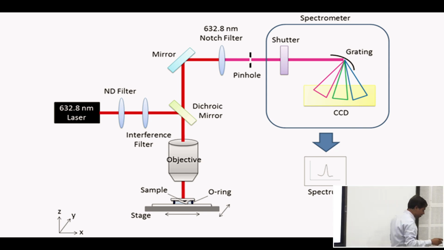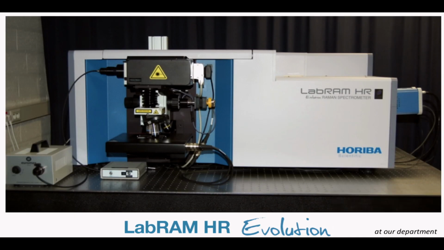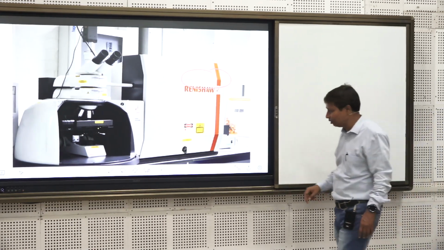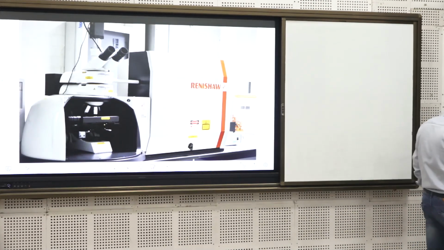This is very complex. A very expensive instrument like the one we have in our department costs almost 1.1 crore. This model is LabRAM HR, high resolution, made by Horiba. You can have various other models also, like this Renishaw, which is another company.